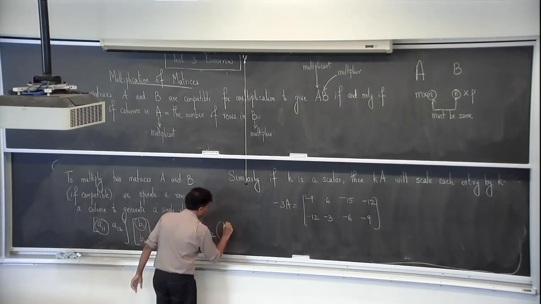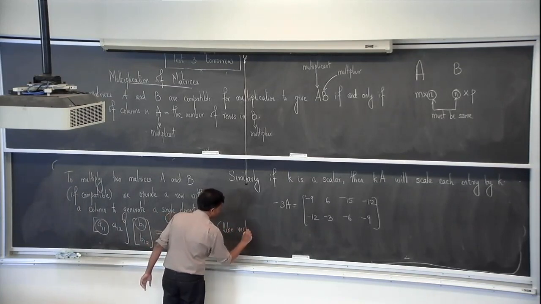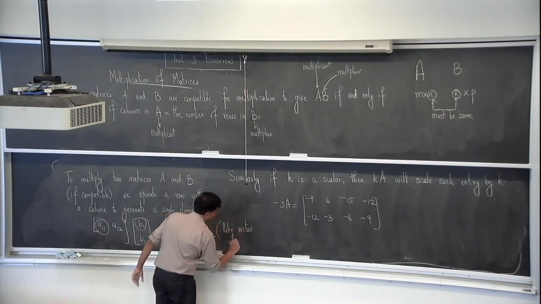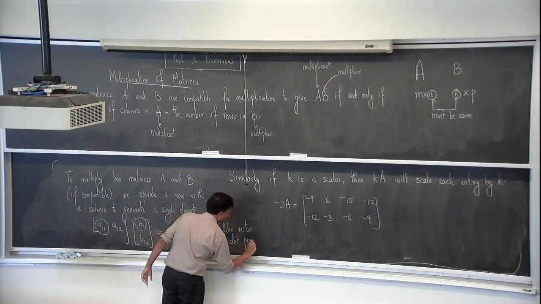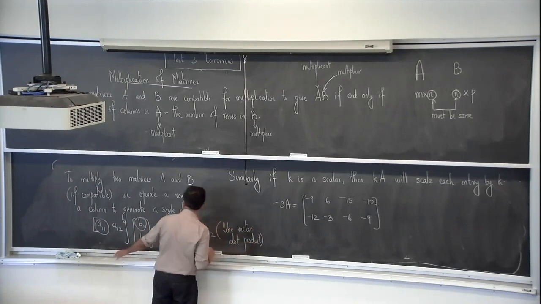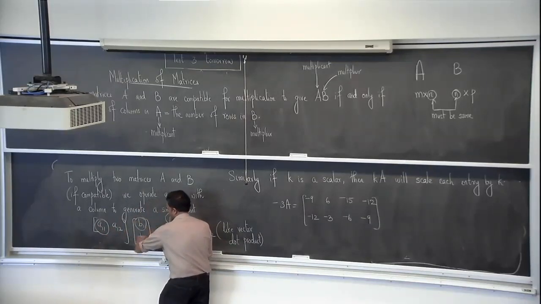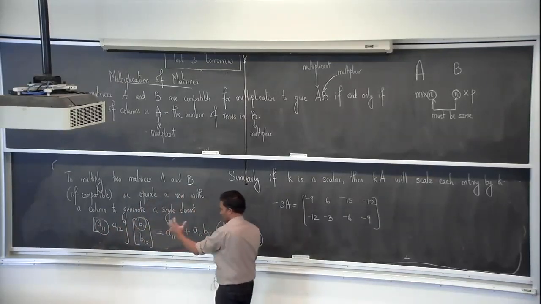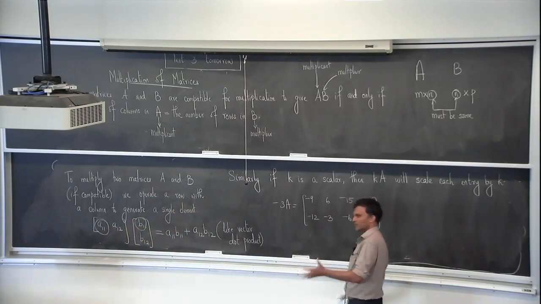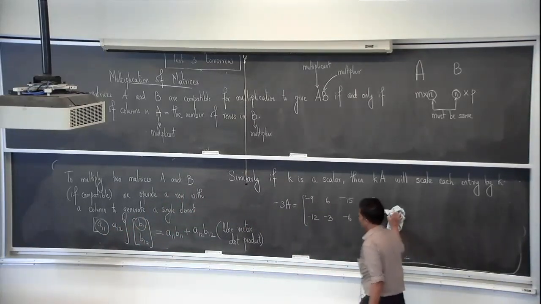Like vector dot product. And this is why we need the same number of columns as the same number of rows here, so that nothing is standing out, waiting for something to operate on it.